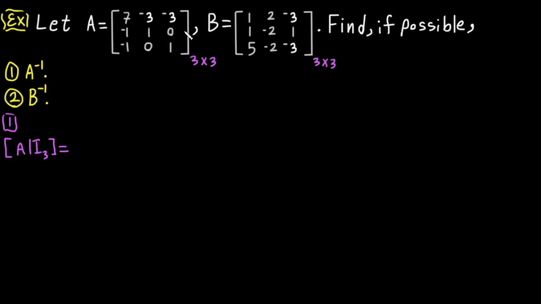Now let's copy this one. Now let's put a line here, which is this one. Then I have to write the identity, which is 1 0 0 0 1 0 0 0 1.